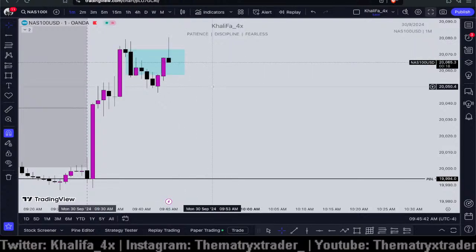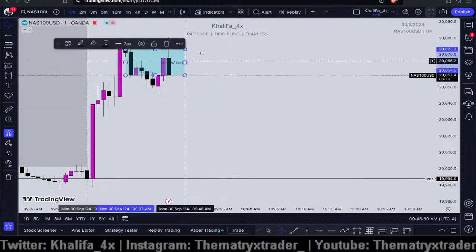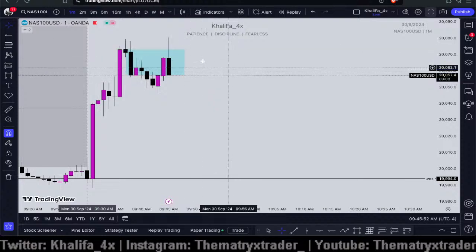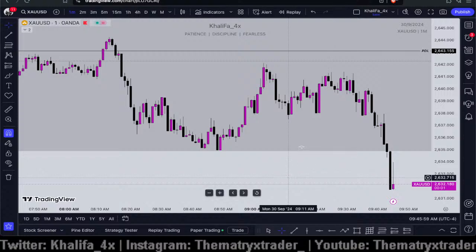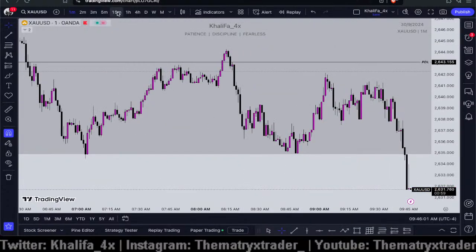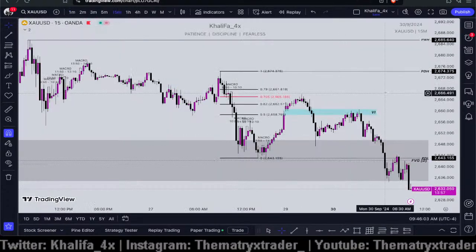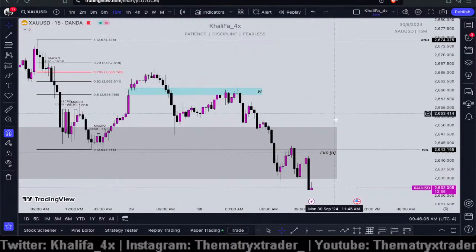If it closes above this, what do we have here?